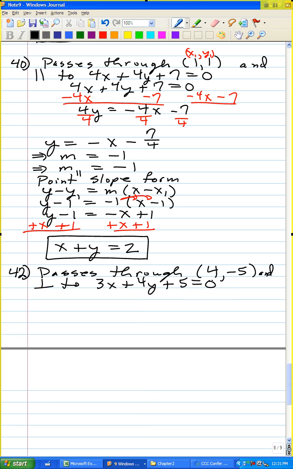So again, the first thing I want to do is determine the slope of the line. So I'm going to put it into slope-intercept form.